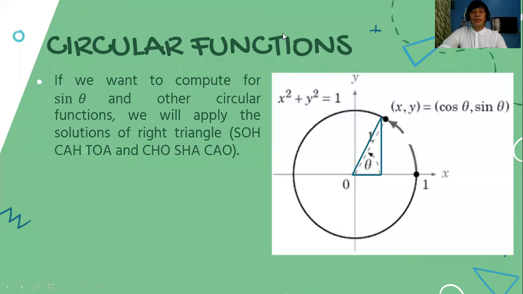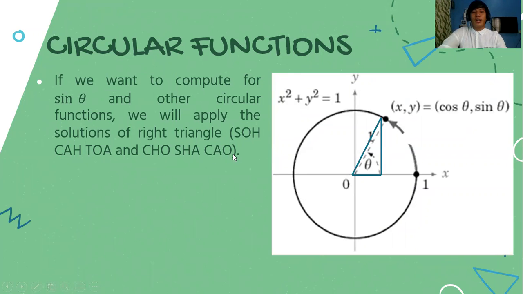What do we mean when we say SOHCAHTOA? Sine is equal to the opposite side over the hypotenuse. Cosine is equal to adjacent side over the hypotenuse. Then TOA means tangent is equal to opposite side over the adjacent.